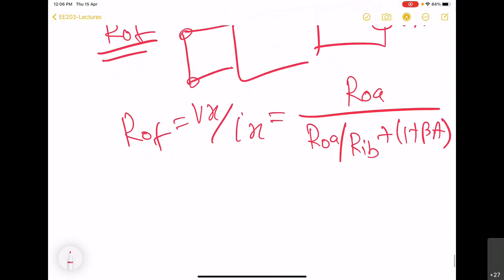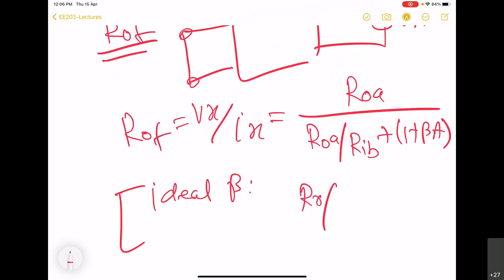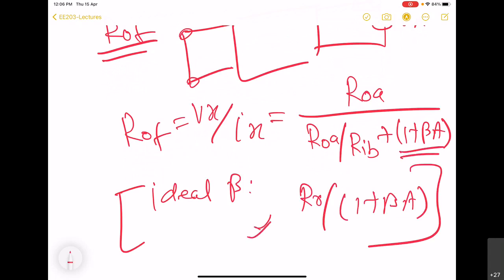So for the ideal beta network, this was ROA divided by 1 plus beta A. So we see that scenario is still similar to this ideal case because 1 plus beta A's factor is in the denominator. Numerator is ROA, which is very small.